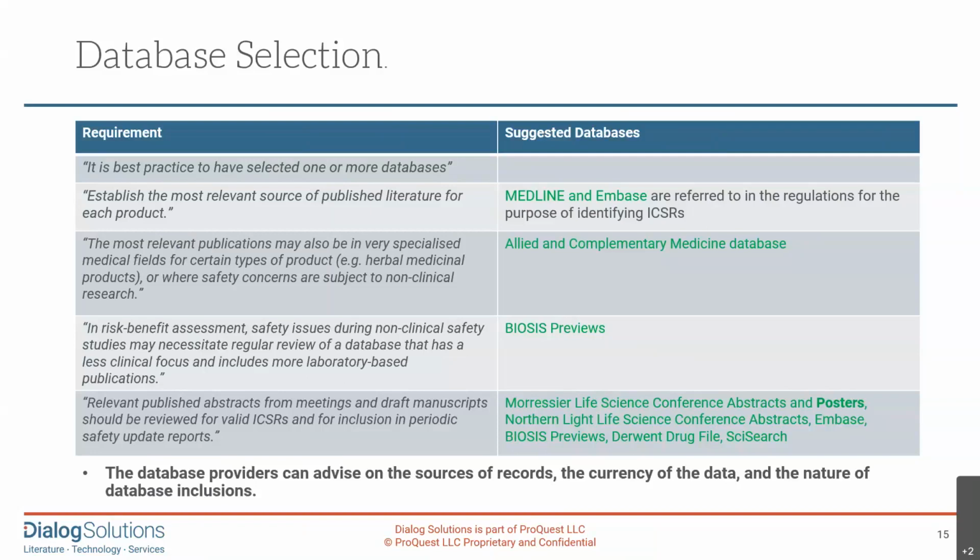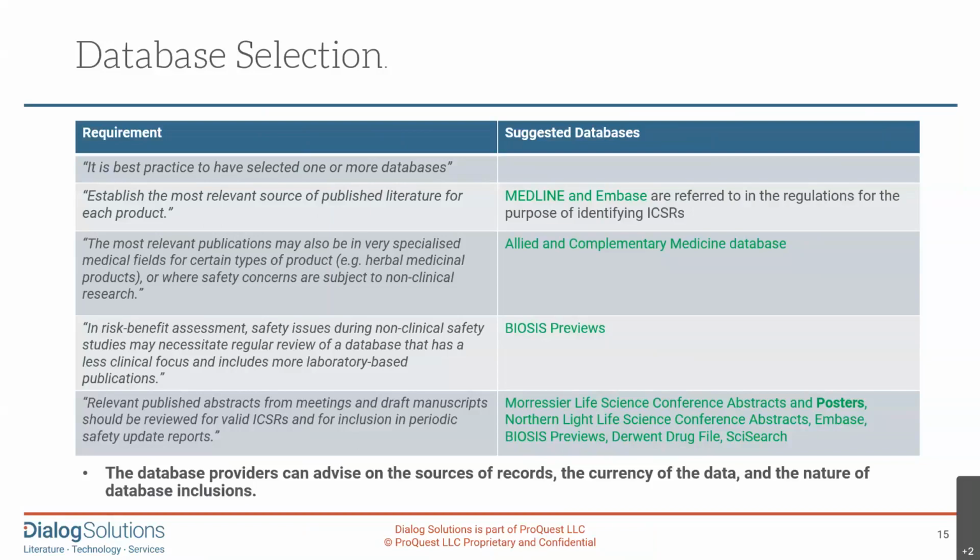And there is a database available called Allied and Complementary Medicine, and that specializes in herbals and non-standard medicines. And in fact, Allied and Complementary Medicine is one of the databases that the EMA uses for its medical literature monitoring service. They use Embase, Allied and Complementary Medicine, and International Pharmaceutical Abstracts.